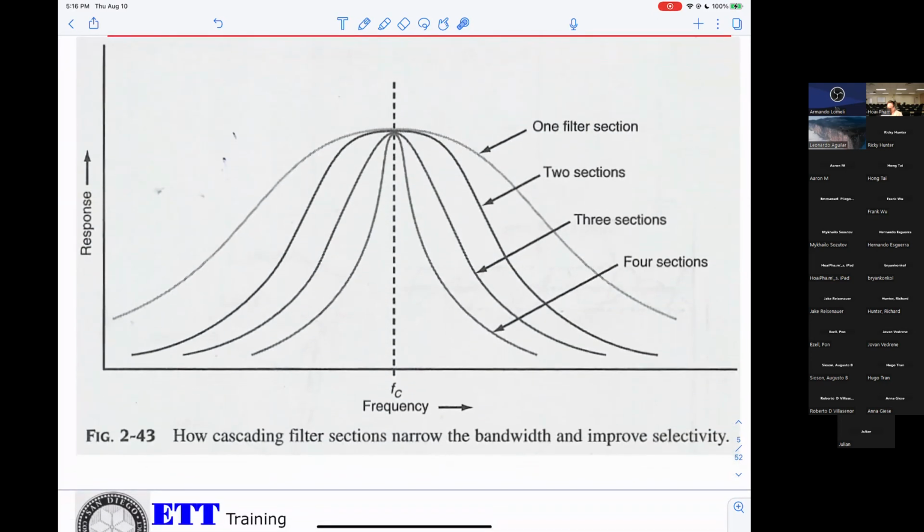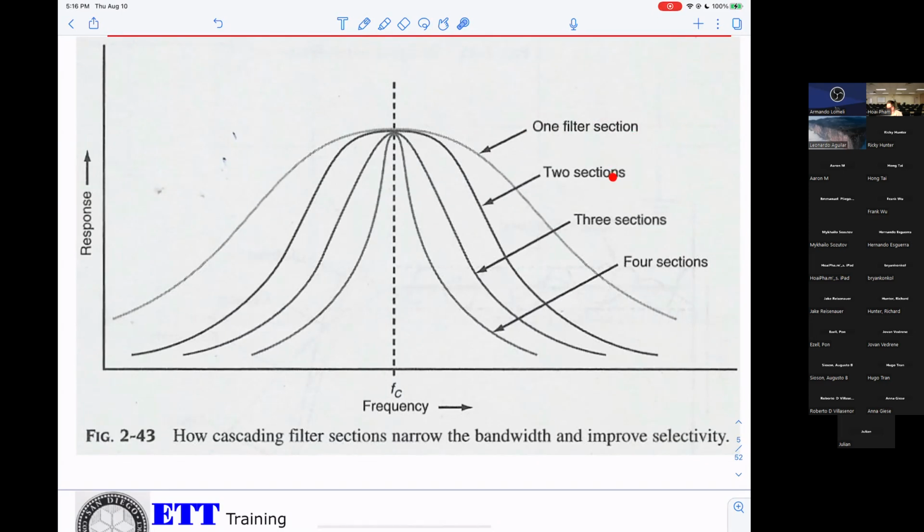That one you are already learning in the filter. Okay, first one, filter section. You understand one filter section. That means when you increment the cutoff frequency 10 times, they're going down 20 dB.